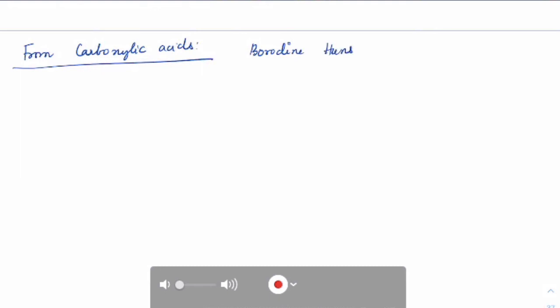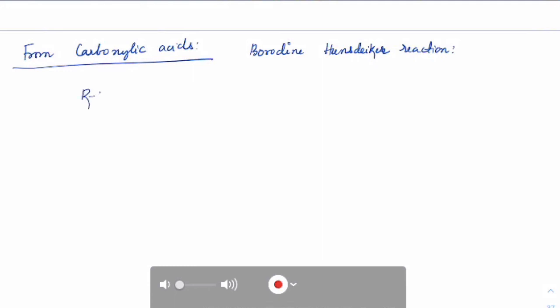So, preparation from carboxylic acids. From carboxylic acids also we can get alkyl halides, and this reaction is called the Borodin-Hunsdiecker reaction. You may have learned this as a part of free radical mechanism.